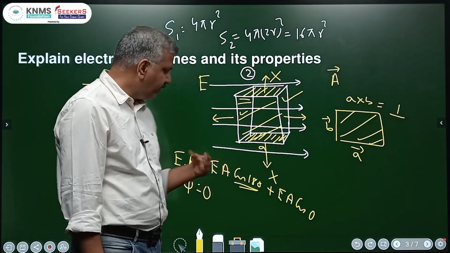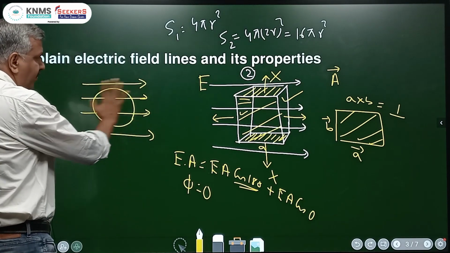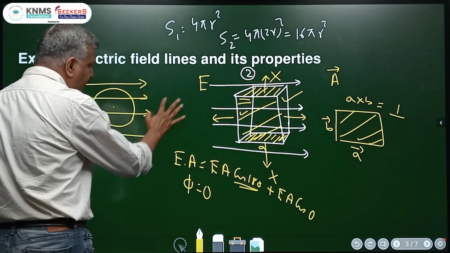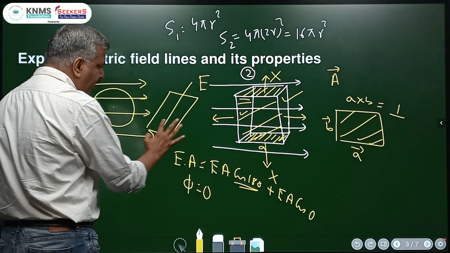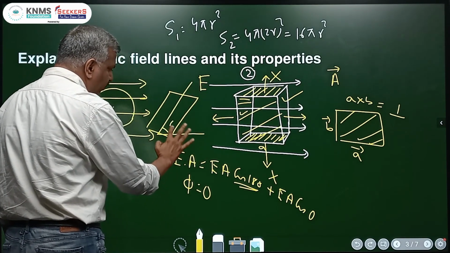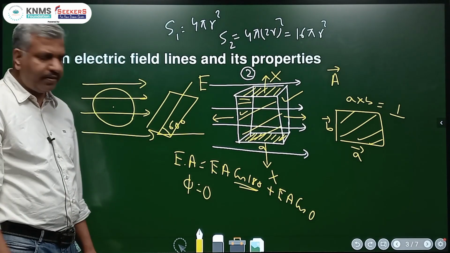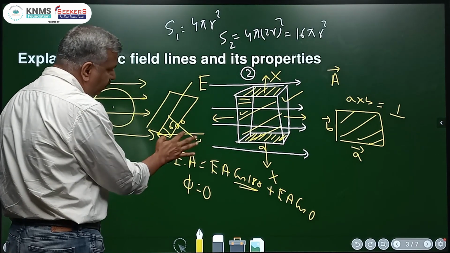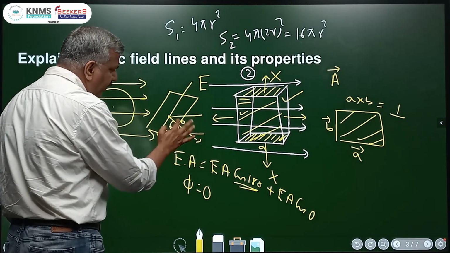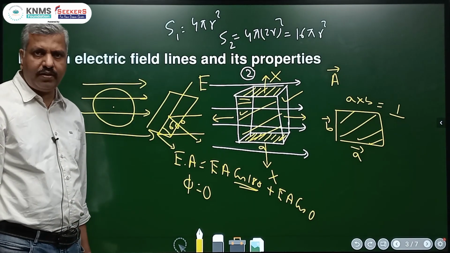In this context, I can explain another question quickly. Suppose there is an electric field here and we have a plane of this kind. Let's say that this angle is equal to 60 degrees. If this angle here is 60 degrees, the perpendicular to that will be 30 degrees to the given surface here.